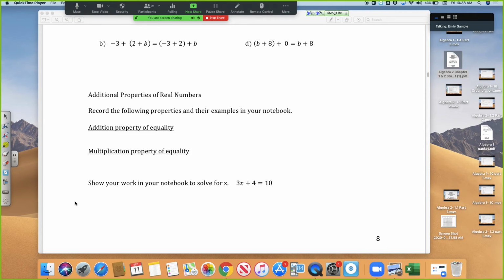So, if we have two numbers that equal each other, like A equals B, let's say. If A and B are equal to each other, and we take these and we add a number C to it, then they're still going to be equal. So if A is equal to B, then it's true that A plus C is equal to B plus C. All right, and then for multiplication, same kind of idea.